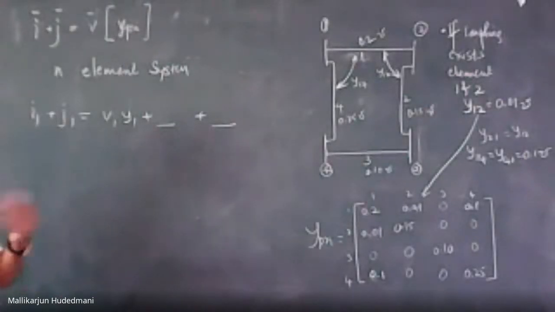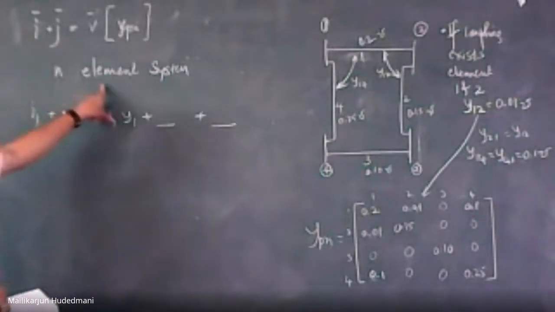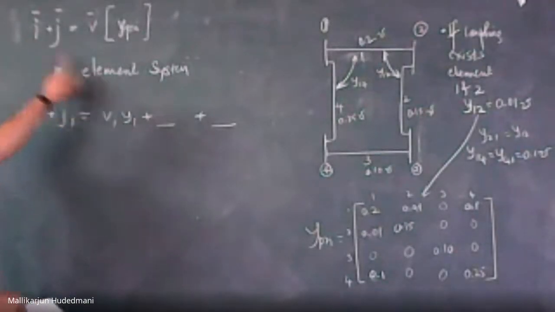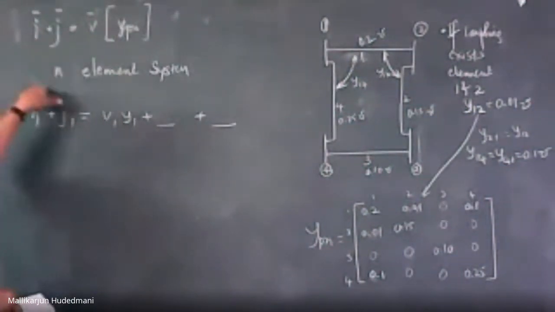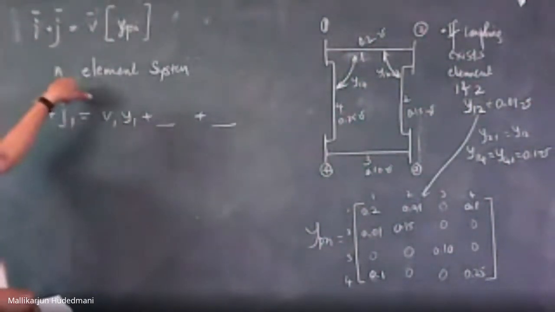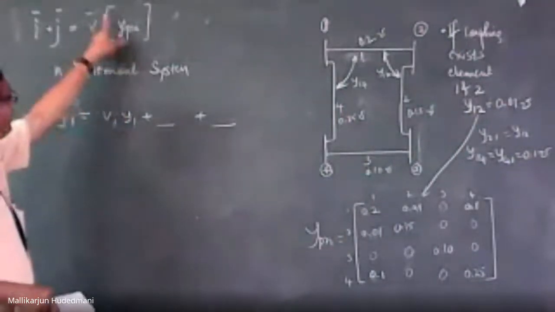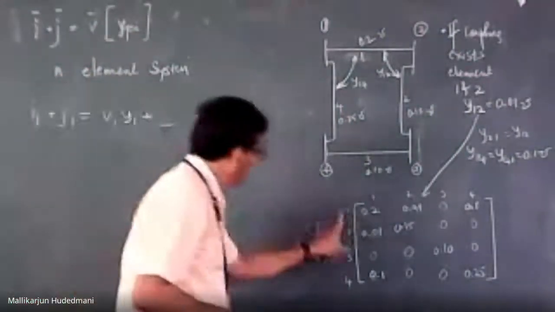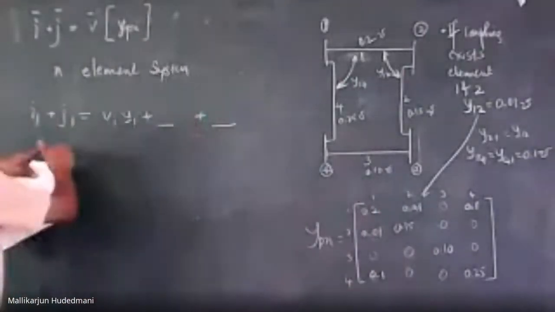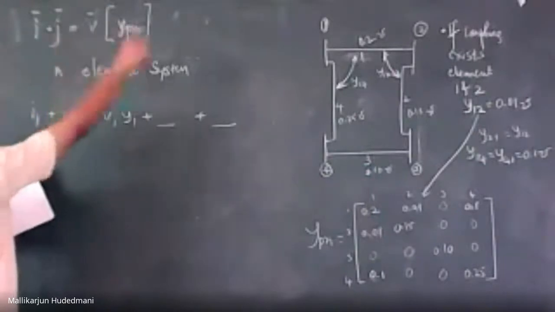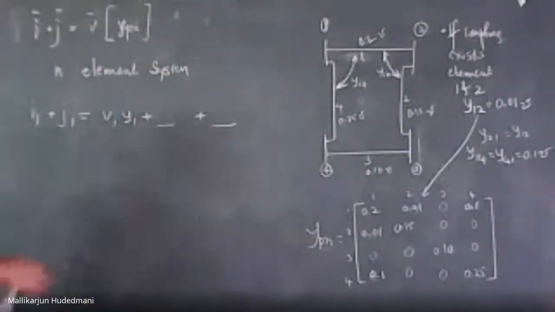When I expand them, I will have several equations. For an n element system, surely I will have n entries like I1, I2, I3, Ik, In, J1, J2, J3, Jk, Jn, V1, V2, V3, Vk, Vn, and this can have n cross n dimension. Then I can expand equation 1, equation 2, equation 3, n equations I can write.